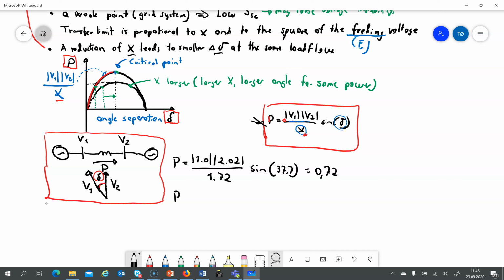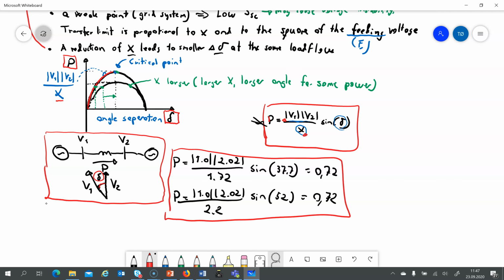If we do the same now with 1.0, and we then have a larger reactance, you need now to increase the angle to get the same power. Just a small numerical example to see.